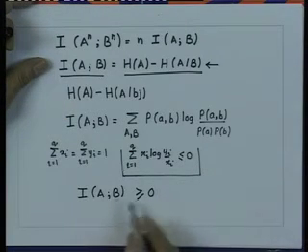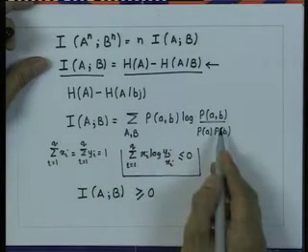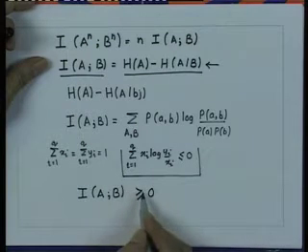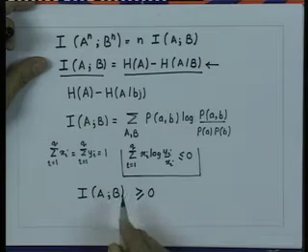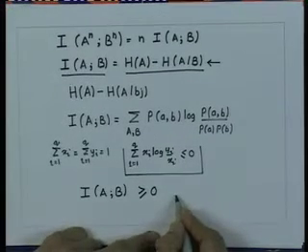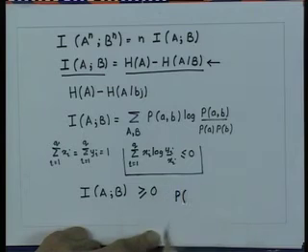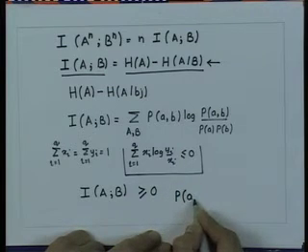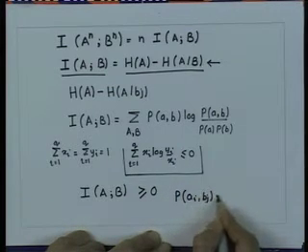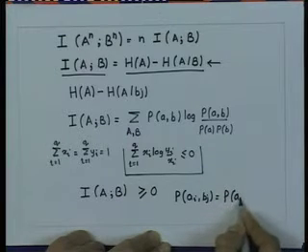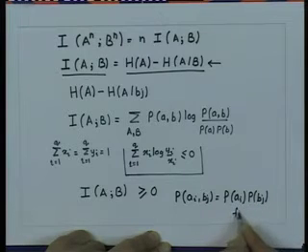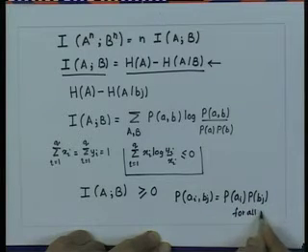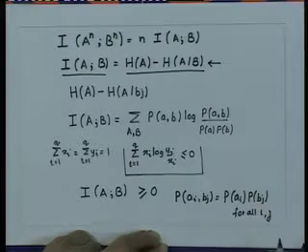And this inequality will be an equality if and only if y_i is equal to x_i, that is, probability of a_i b_j is equal to probability a_i multiplied by probability b_j for all i, j.